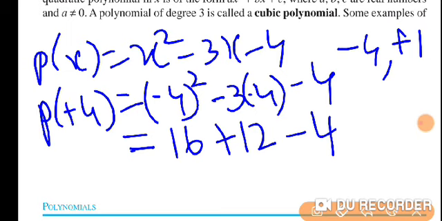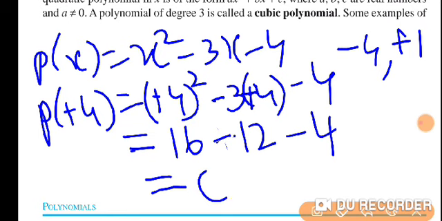But let me see, if I put plus 4, what am I going to get? I will get 16. This will become minus 12, because my minus 3 and plus 4 will give me minus 12, and minus 4.